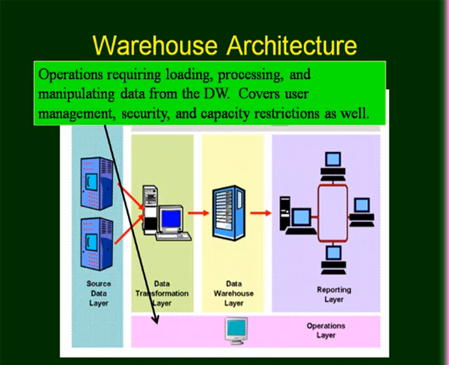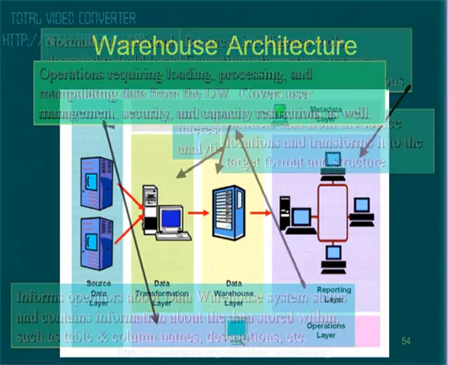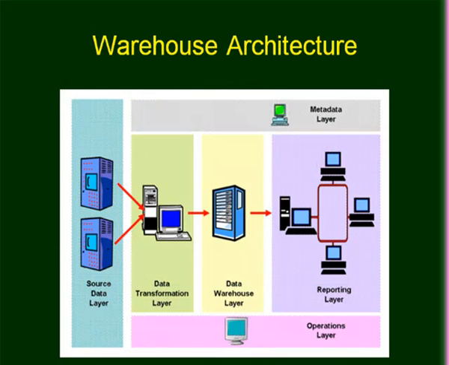It also covers user management, security, and capacity restrictions as well. So if you observe, to build a data warehouse, we need to use the first three layers. To analyze the data and to apply data mining, you should work between the data warehouse layer and the reporting layer.